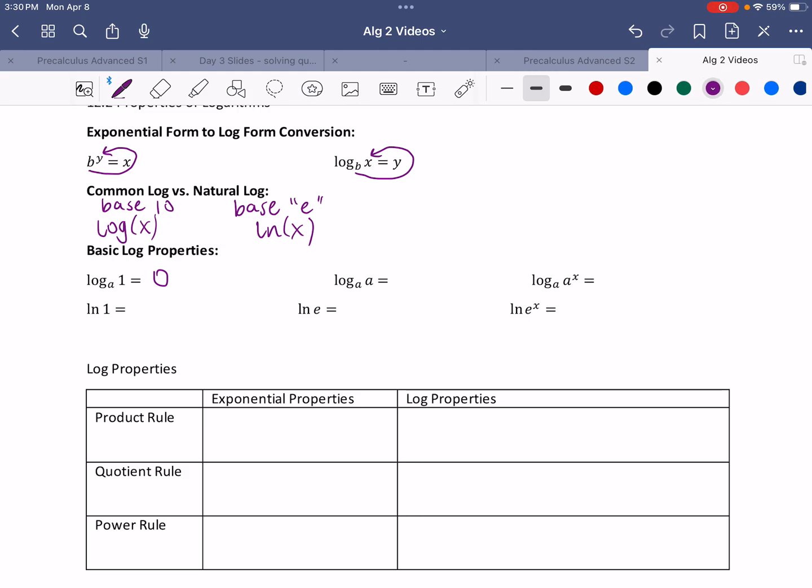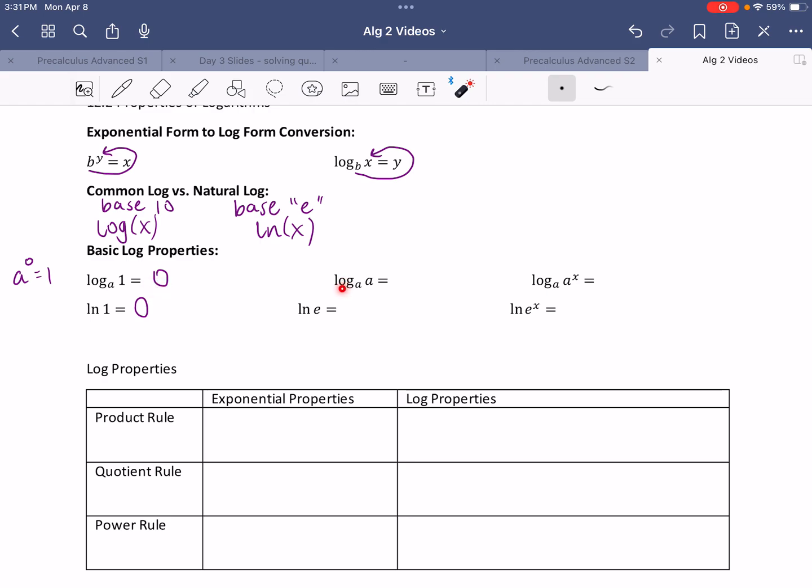A 0 is needed because a to the 0 power is 1, anything to the 0 power. So then if I want to take the natural log of 1, this is just saying e to what power is 1, so it's also going to be 0. So regardless of the base, any log of 1 is 0.